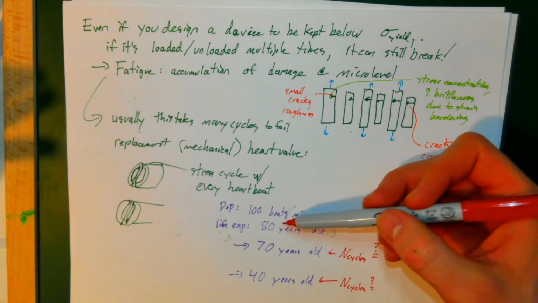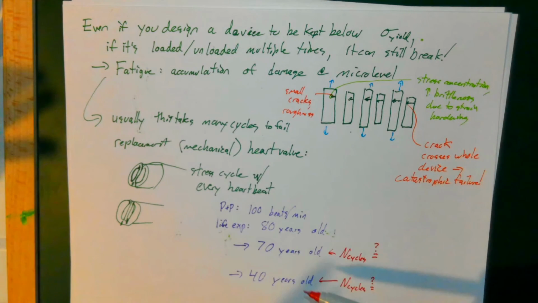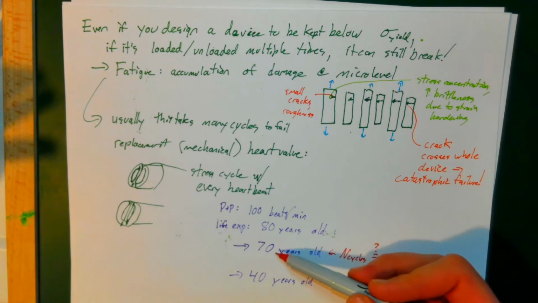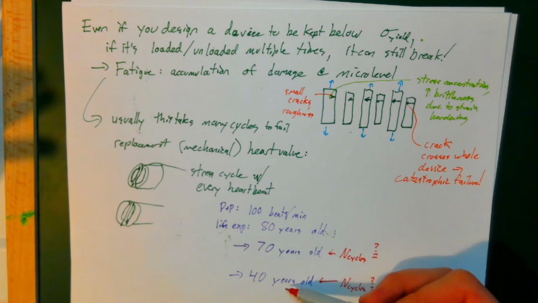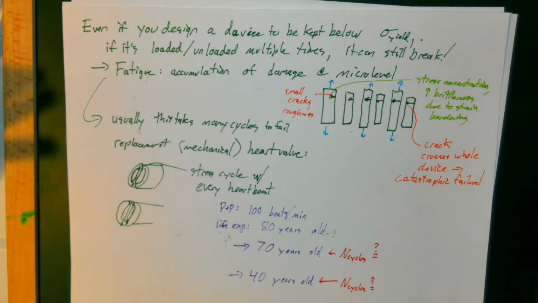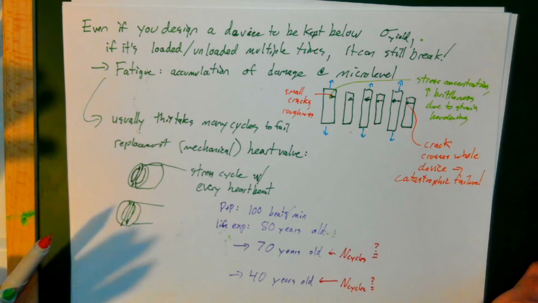So if it's 100 beats per minute and a cycle is every beat, this valve needs to last 10 years for one patient and 40 years for the other.